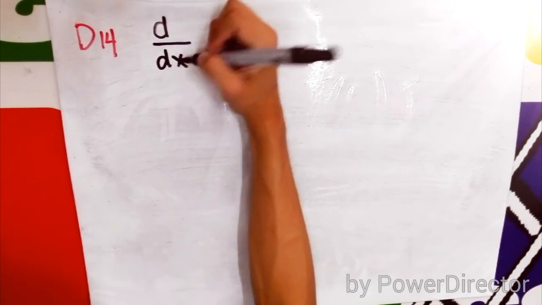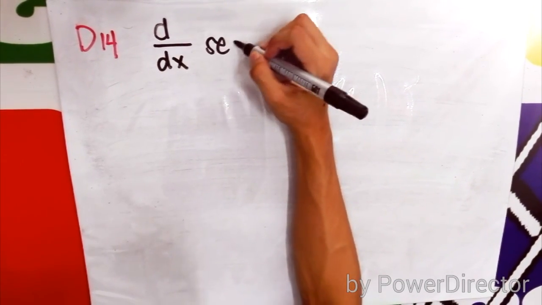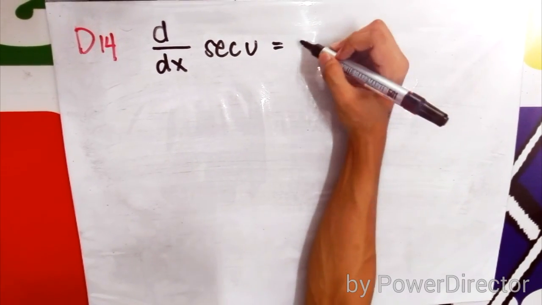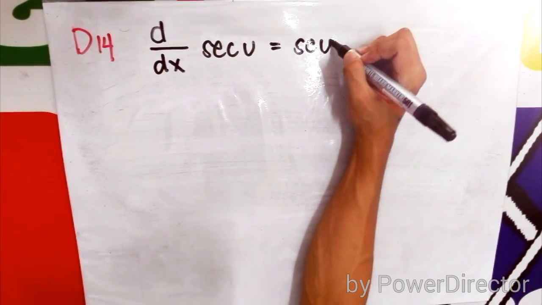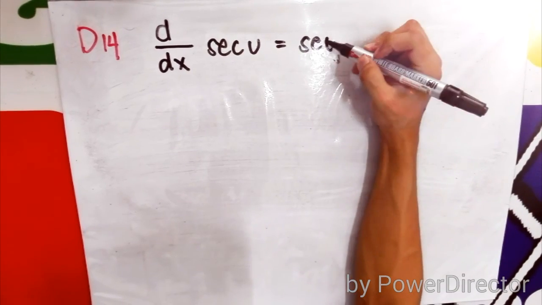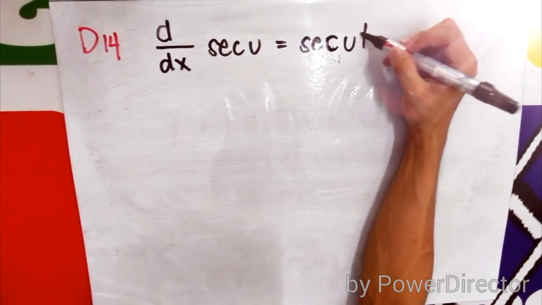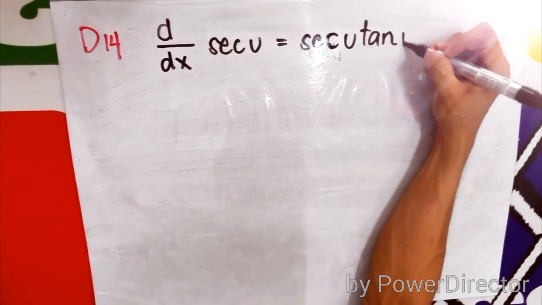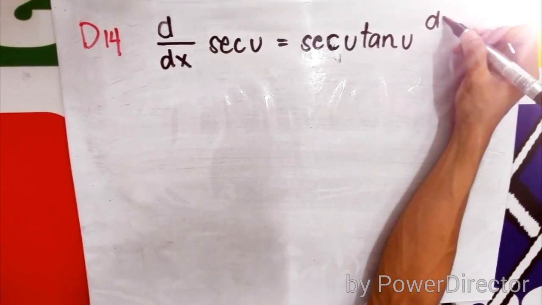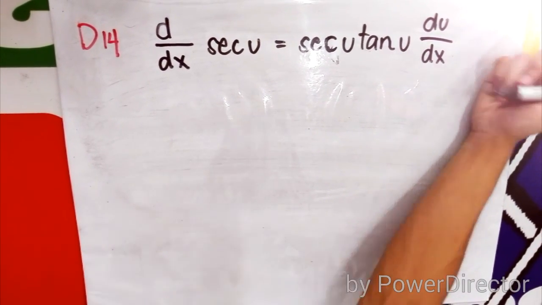D14: d over dx of secant u is equivalent to secant u tan u du over dx.